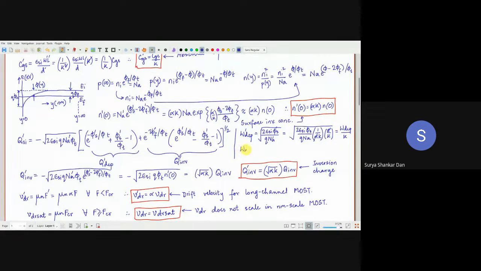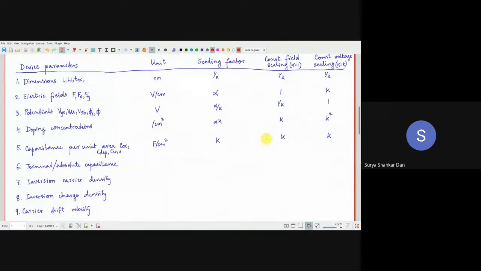Therefore, what do we understand here? Something very interesting. This is not a dimension which we usually look into, like it's not a channel length or the width which you have control over, but still what we observe is even the depletion width scales by a factor of 1 upon K. So here we shall put W dep as well. Depletion width. So C dep will also be scaling as K.